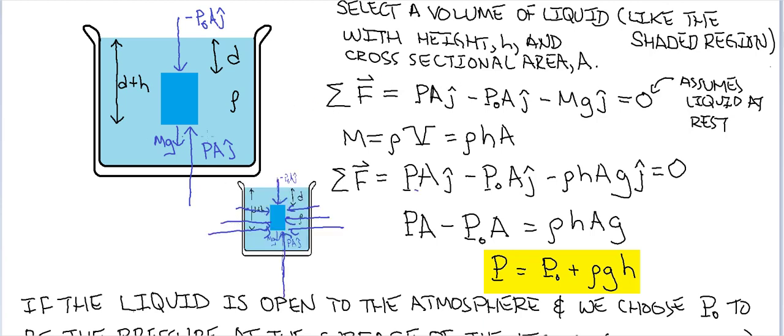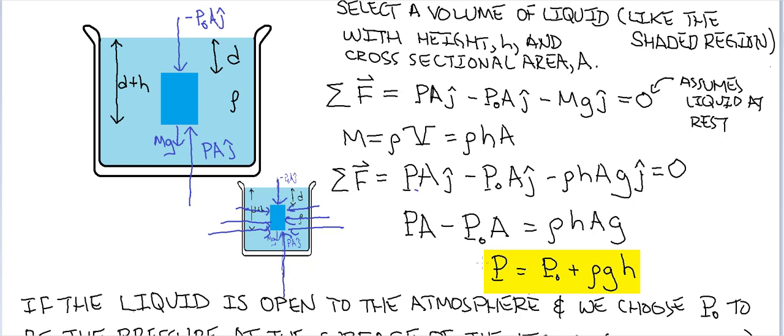So note that as we descend, the pressure is increasing. I've tried to represent the pressure here by arrows, and notice that the length of the arrows is increasing with increasing depth.